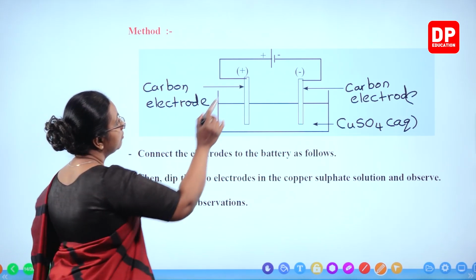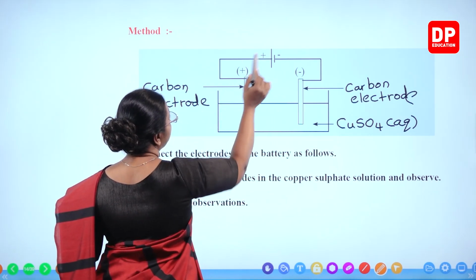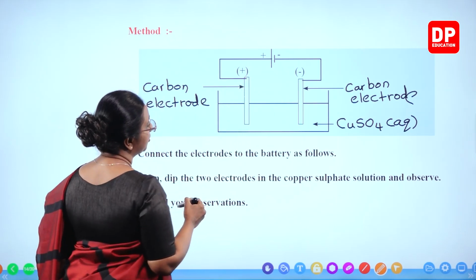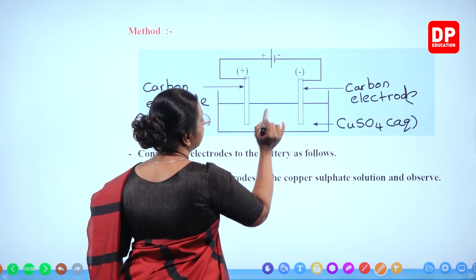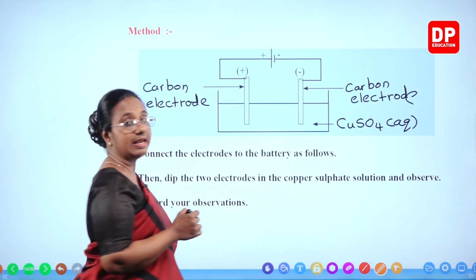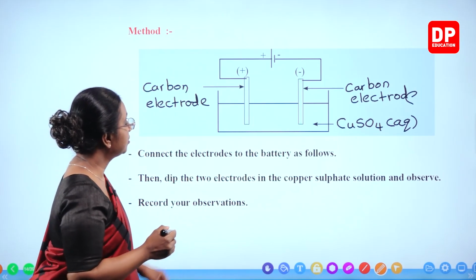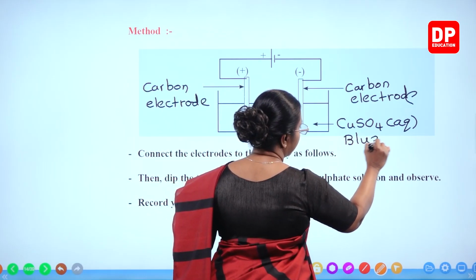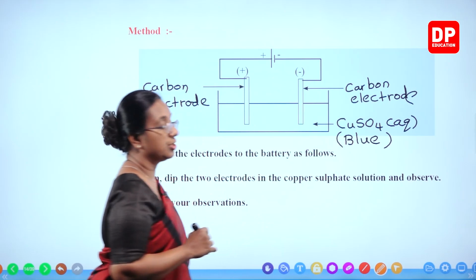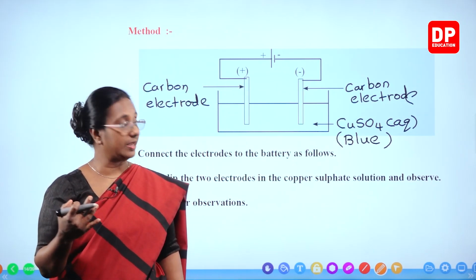And you all know when we connect this electrode to the positive terminal, that becomes the positive electrode. And here this second carbon rod connected to the negative terminal becomes the negative electrode. And also you all know the solution is blue in color. Copper sulfate solution is blue in color.